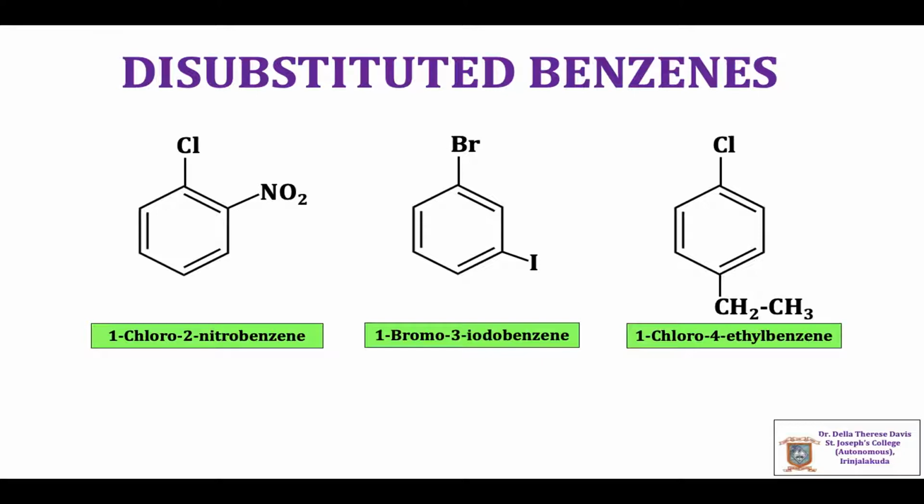Following alphabetical order, the chloro group comes first. So it is assigned at carbon number 1 and the ethyl substituent is at carbon number 4. Hence the molecule is 1-chloro-4-ethylbenzene or parachloroethylbenzene.